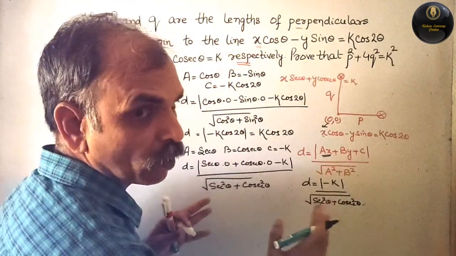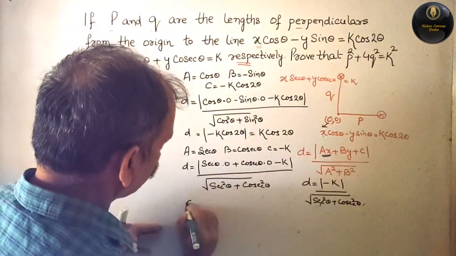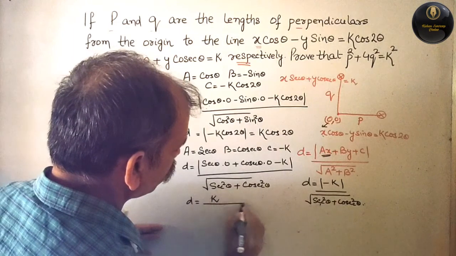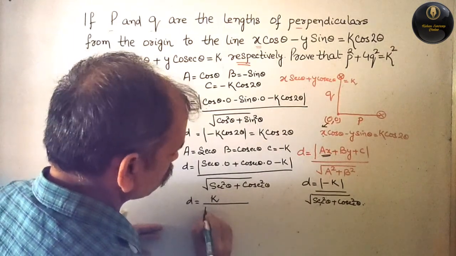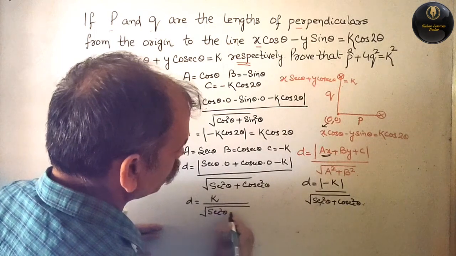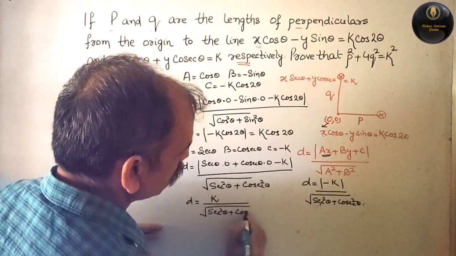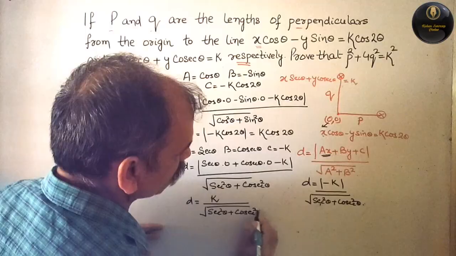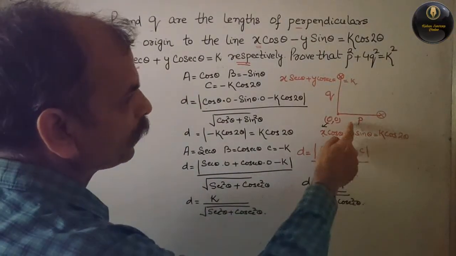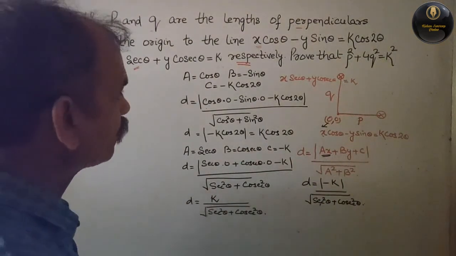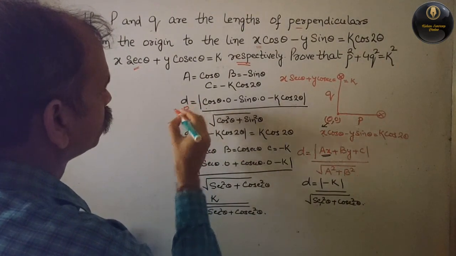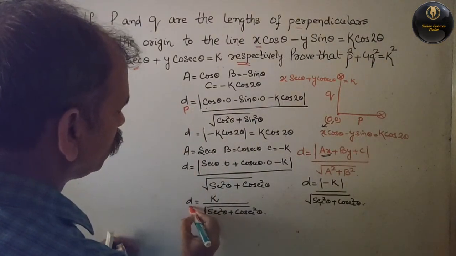Now take out the modulus, and we get D is equal to k by root over sec square theta plus cosec square theta. But we know that the distances are P and Q. That means the first D is equal to P and this D is equal to Q.